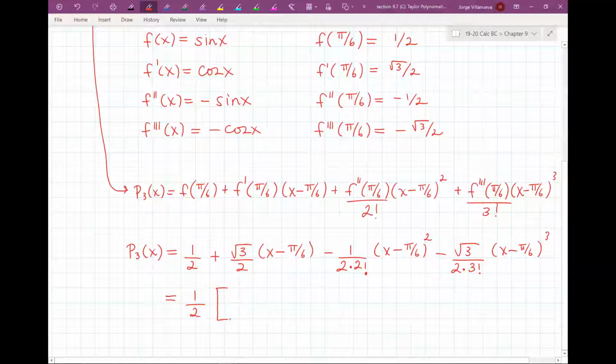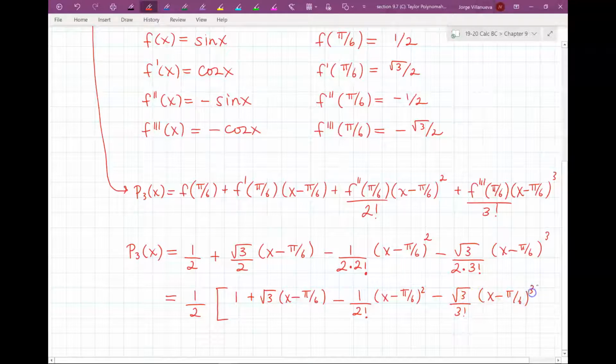So now that everything has a half in it, I take it out, and I can just put 1 plus radical 3 times x minus pi over 6, minus 1 over 2 factorial times x minus pi over 6 squared, minus radical 3 over 3 factorial times x minus pi over 6 cubed. You could do that if you want to, you don't have to.